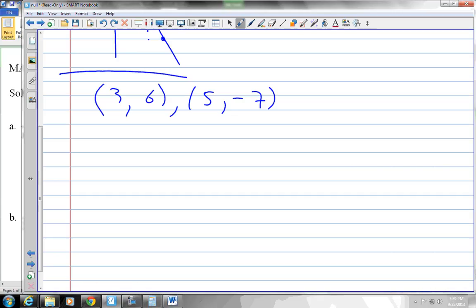So m equals -7 minus 6 over 5 minus 3. And it's really important that you stay consistent as far as the point from which the numbers come. Here's 6 and 3, they came from the same point. Here's -7 and 5, they came from the same point. They have to be lined up like that.